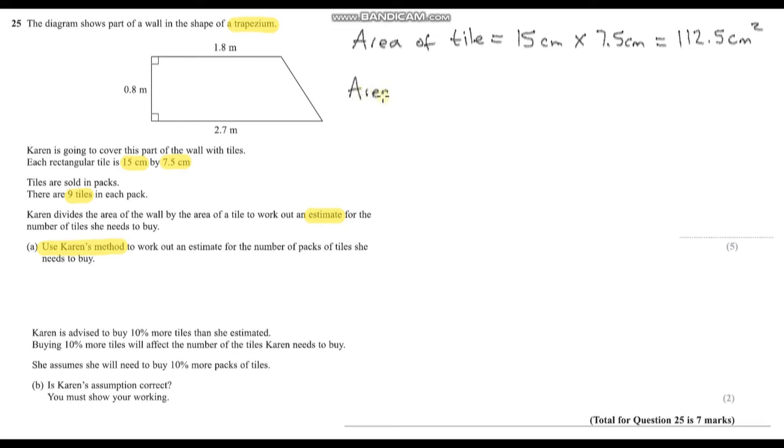So we add the two parallel sides together, 1.8 plus 2.7, and then we divide that by 2. Essentially what we're doing is finding the mean of the parallel sides. And then we multiply that by the height, so we multiply that by 0.8.